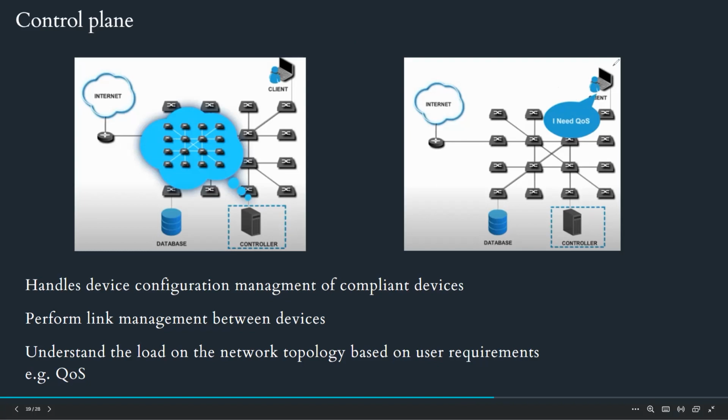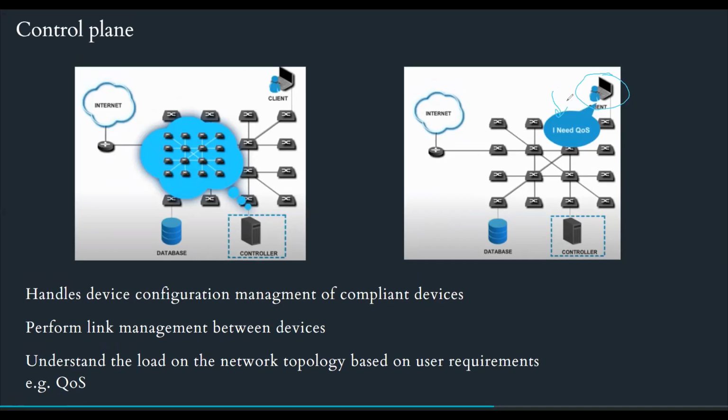If the user says, I want to send this data with some kind of performance, for example, if it wants to create lesser network traffic, reduce network congestion, and then wants faster delivery, then based on the quality of service requested by the customer, the controller will decide that a certain path is the best method to transfer the data.